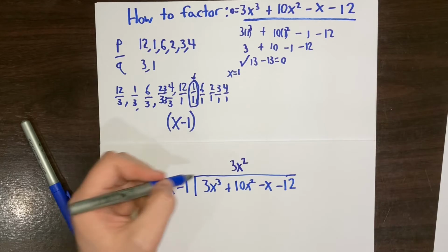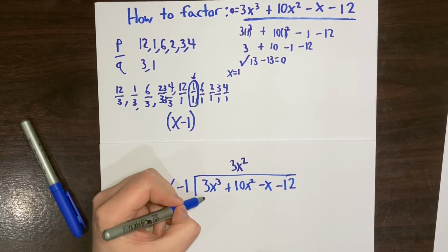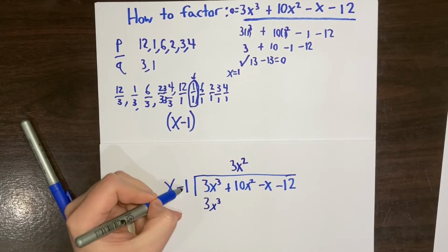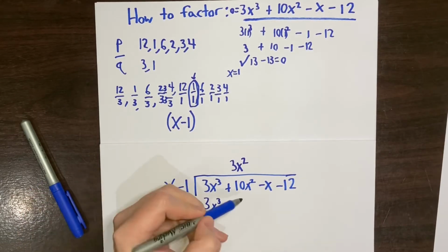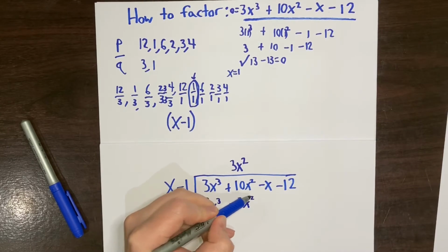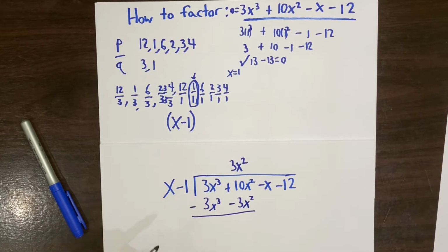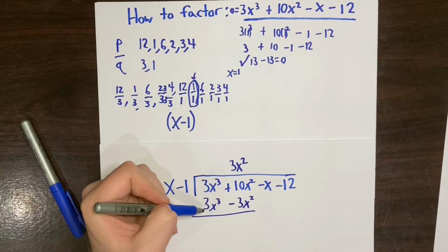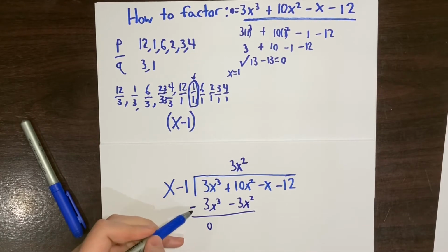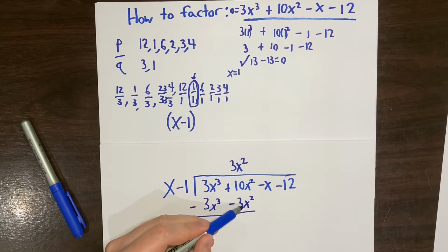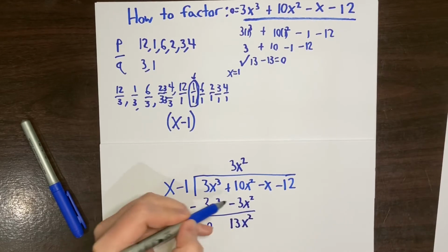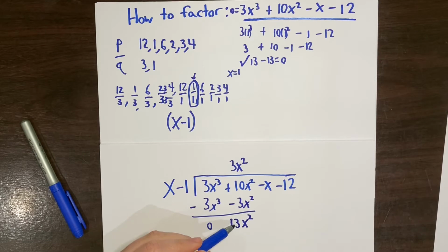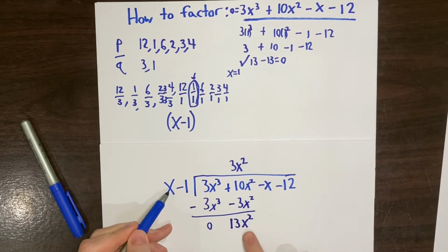And then you multiply: negative 1 times 3x squared is negative 3x squared. And then you subtract. So 3x cubed minus 3x squared is 0, good. Negative 3x squared minus 10x squared is 13x squared, right? The double negative. So we have 13x squared as our new number that we want to divide x by.